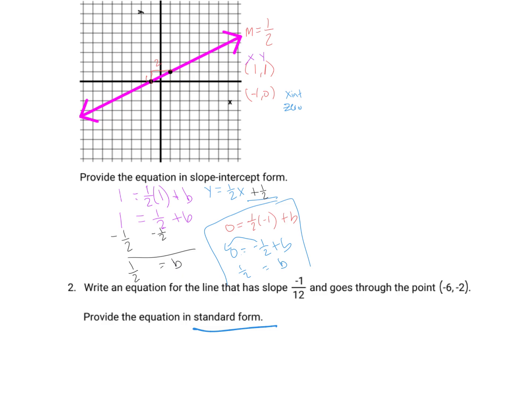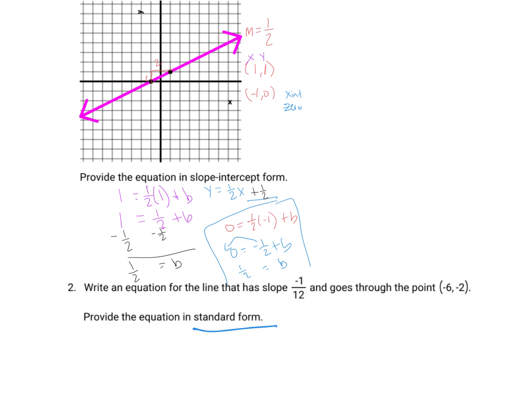You have to use point slope form, or since you don't have a b, you could solve for the b and then write your equation in slope-intercept form, but you're better off using point slope form and then changing that to standard form.